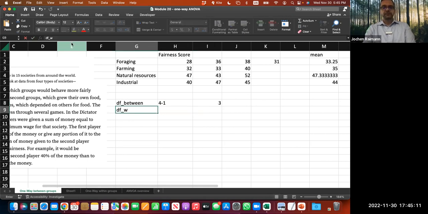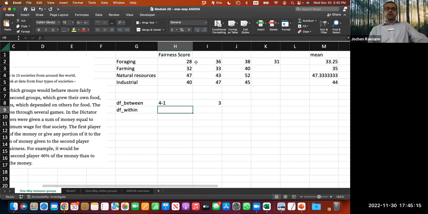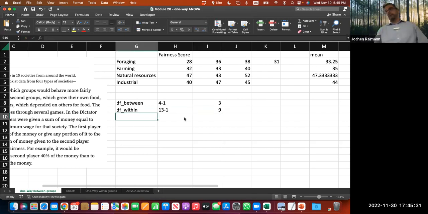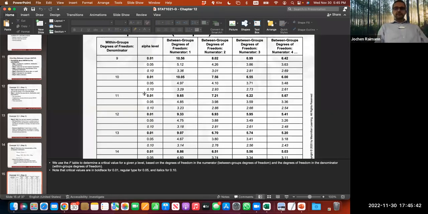Then the degrees of freedom within: with 4 entries here, 3 here, 3 here, 3 here, that's 4, 7, 10, and 13, minus 4 groups. That's 13 minus 4, that's 9. This is just degrees of freedom now. So we have 3 and 9.